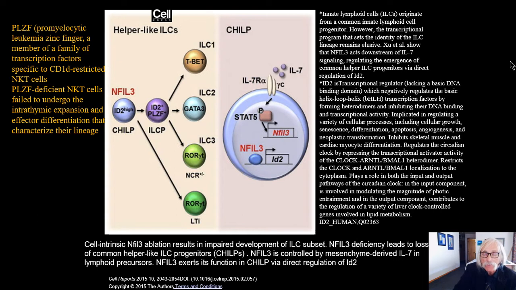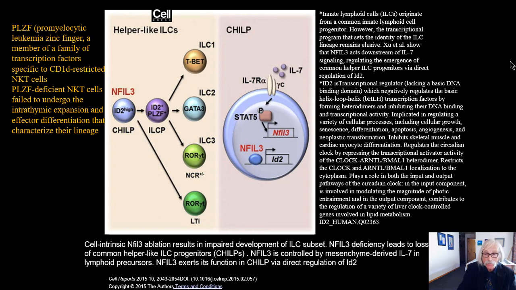It doesn't have that leucine zipper stuff, which nevertheless, it negatively regulates the basic helix loop helix transcription factors. Okay, it negatively regulates those normally proactive transcription factors, the BHLHs, right? That just describe other domain functions at the level of DNA-protein interactions, of course. And it forms a heterodimer and inhibits their DNA binding and transcriptional activity. Okay, so that's what ID2 is all about.